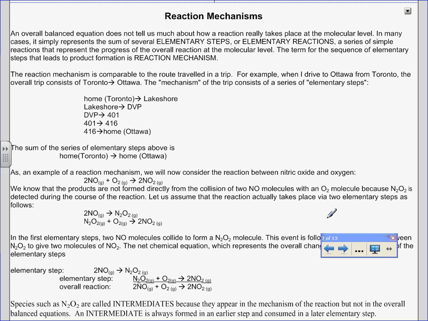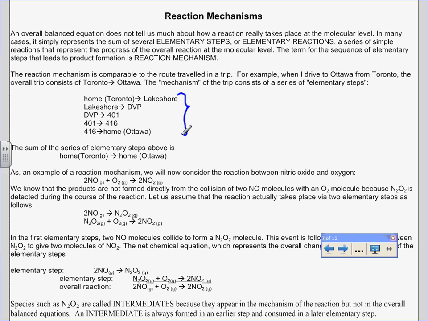I used to live in Toronto, and so when I lived in Toronto and I would go home to Ottawa, I would break up the drive in steps. So I could think about it as one full journey going from Toronto to Ottawa, or I could think about it in different steps. Okay, so this is a good kind of visual of what a mechanism is, example of that.